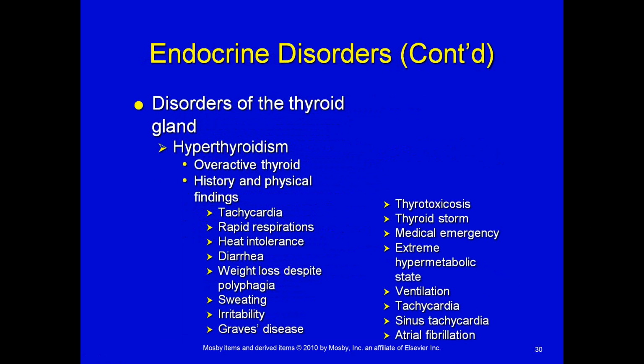Disorders of the thyroid gland include hyperthyroidism, and that's where the thyroid gland is overactive. Because the thyroid regulates metabolism, you're going to see just an increase in the metabolic rate.